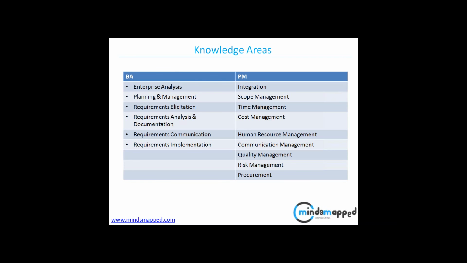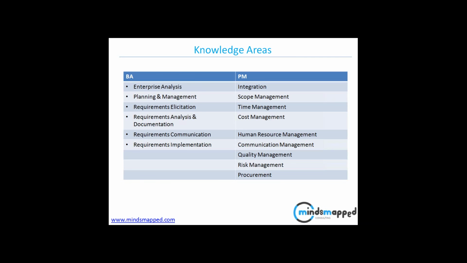Whereas a project manager would be doing a lot of integration. Okay, so the technical person has developed a certain project, and he would be integrating the efforts of all the people involved in the project so that it reaches its final outcome.